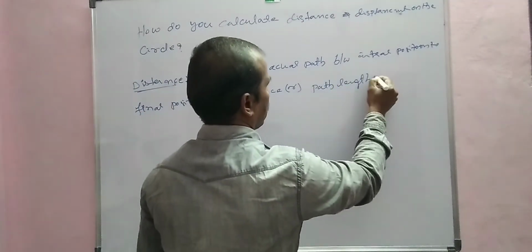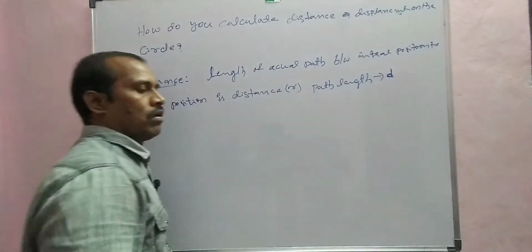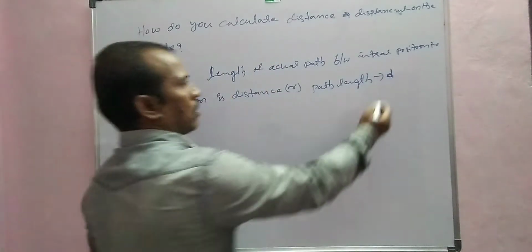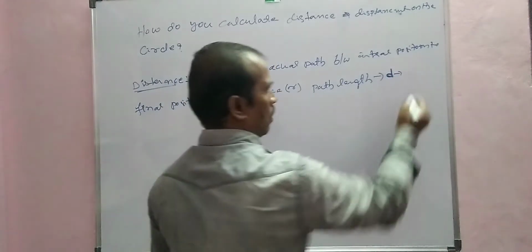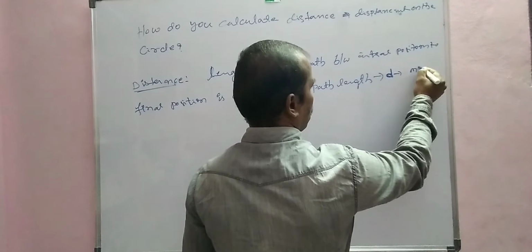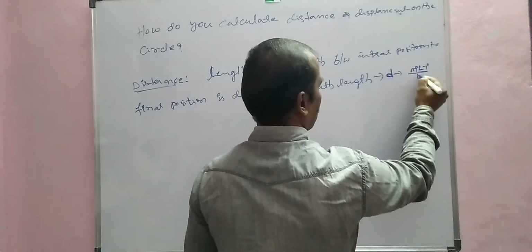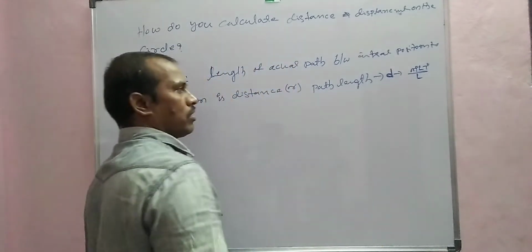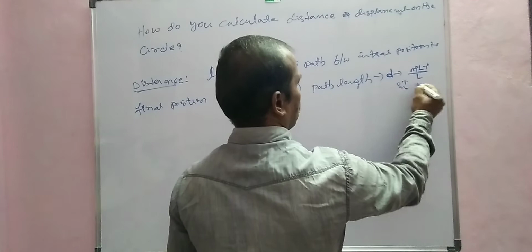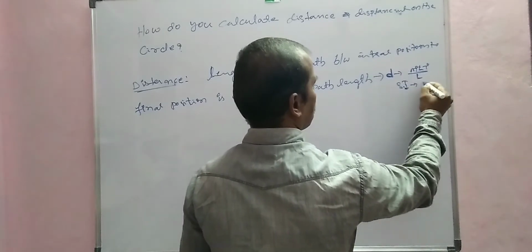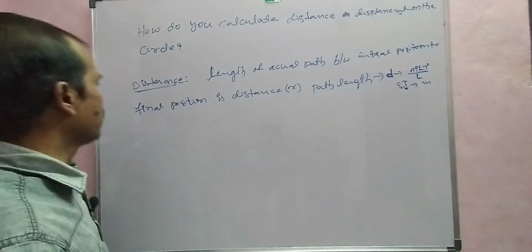It is denoted by small d. The dimensions are M0 L T0, that means just L. The SI unit is meter.